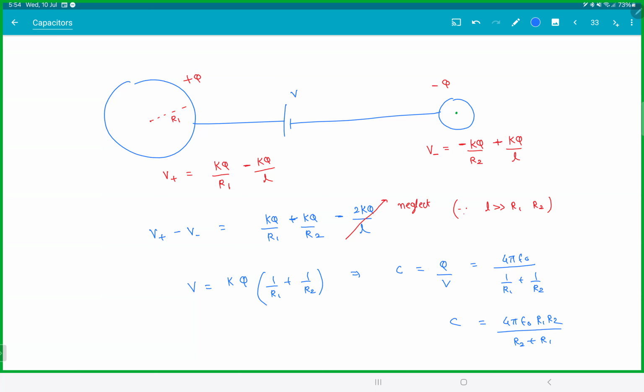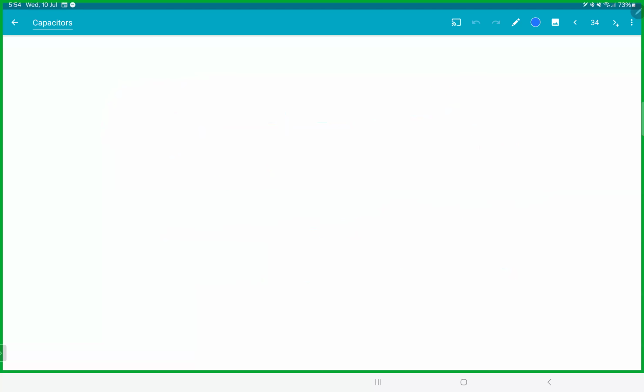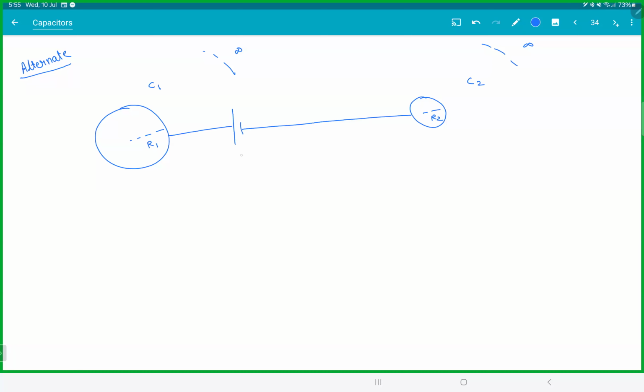Clear? But there's a much faster way to do this. Look at the alternate one. Now this we still didn't do, but when you take this capacitance, R1, this capacitance is C1, between it and infinity. This guy is R2, this capacitance is C2, between it and infinity, and you're connecting a battery between them.